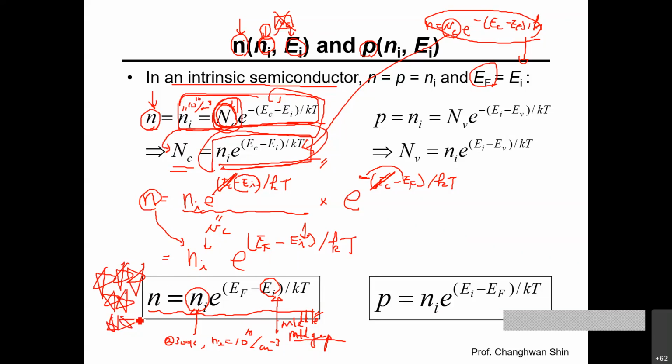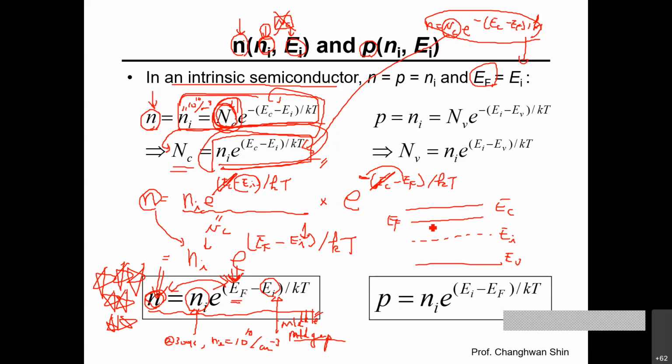The electron concentration n is very associated with the Fermi energy level, these two. Suppose that this is E C, and here is the intrinsic Fermi energy level. Your Fermi energy level is here.